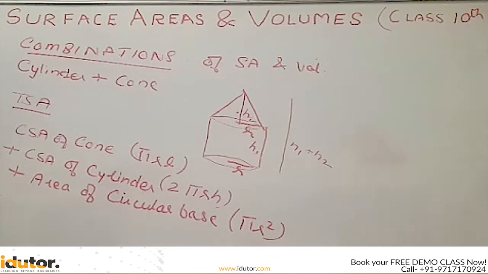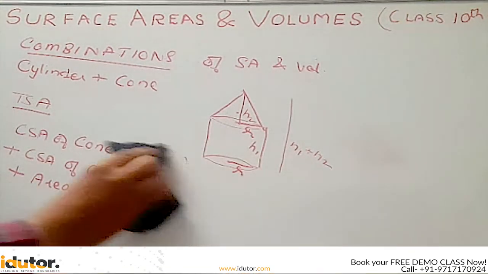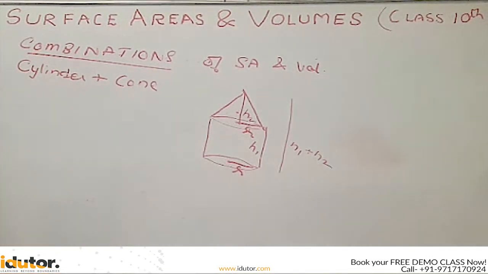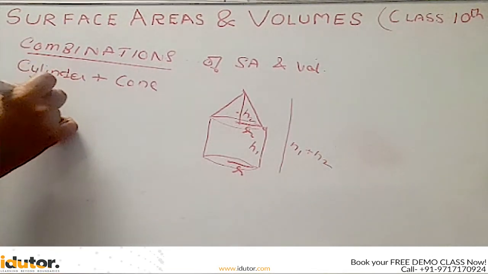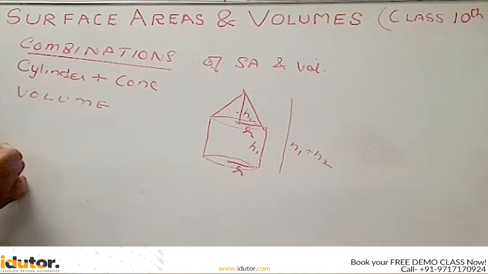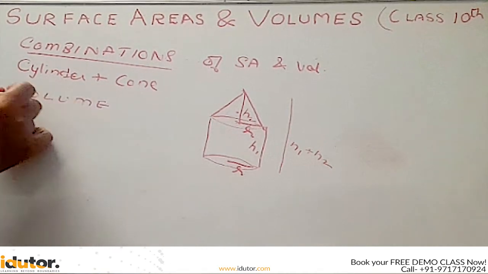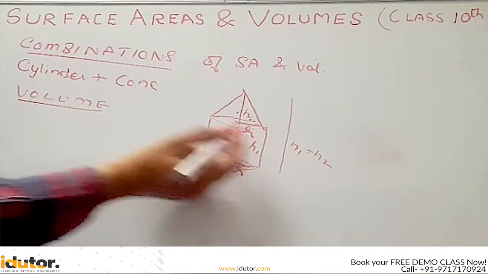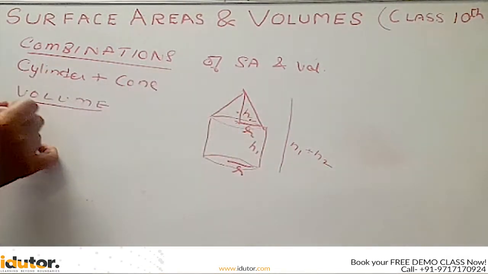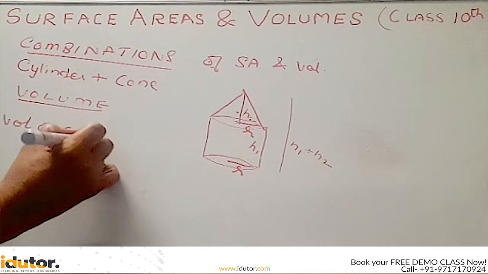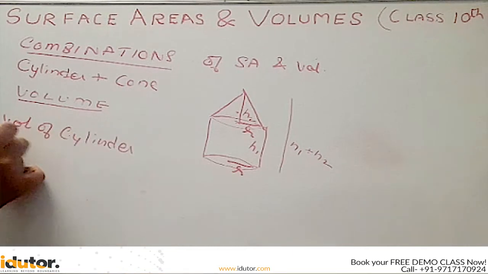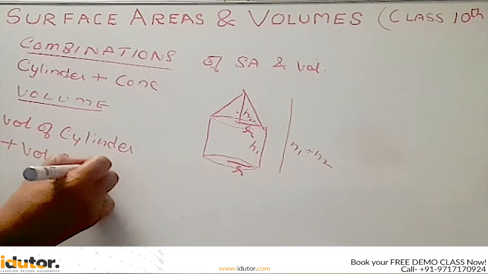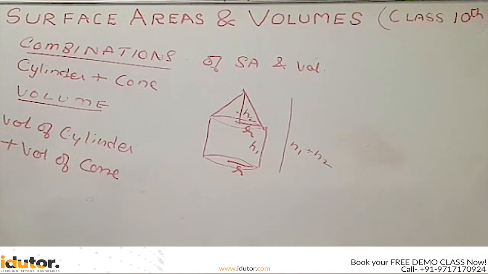Okay. So here we will also discuss the volume of this figure, or we will have to find the volume. The volume means the volume of cylinder plus volume of cone, because both are connected. So these two figures, we have to find the volume.